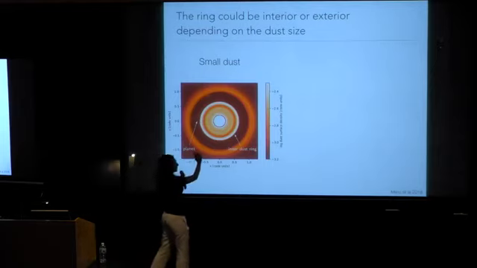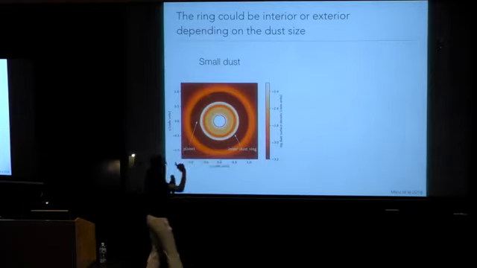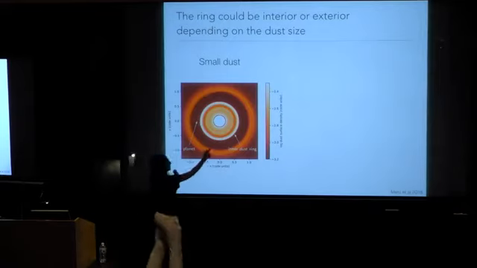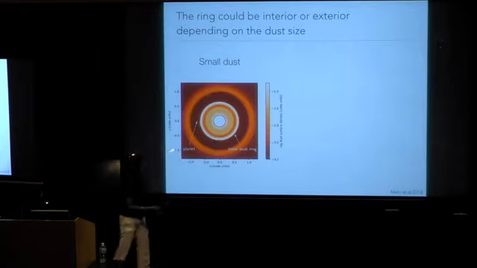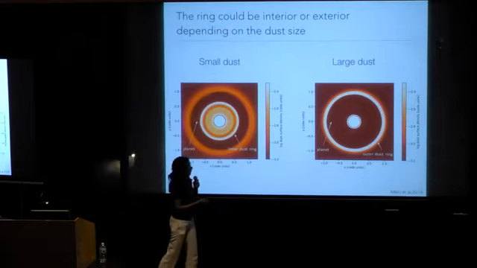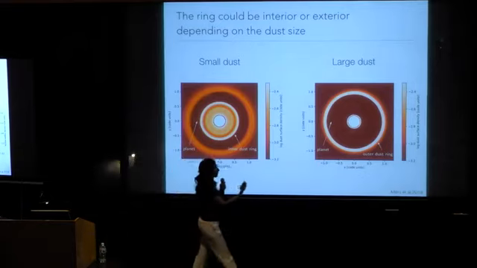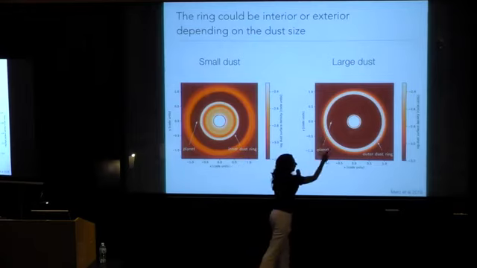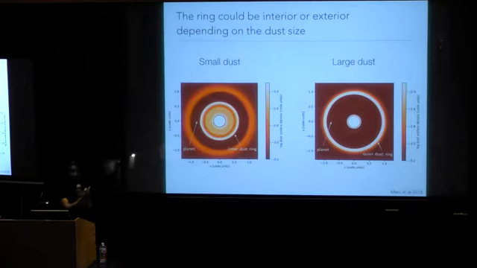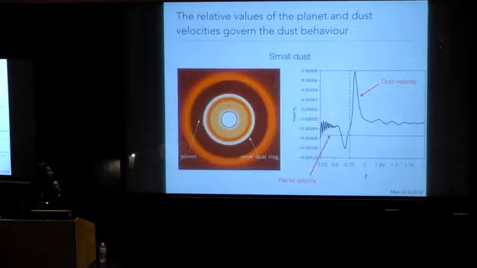We didn't find the exterior dust ring, as we've seen in the previous simulations for many years. But what we did see was an inner dust ring that you see here. But for large dust, the results were as we've seen before. So the planet is located here, and you have an outer dust ring. That's no different to what we'd seen before, but the left-hand side was really quite different, and that was specifically for small dust sizes.